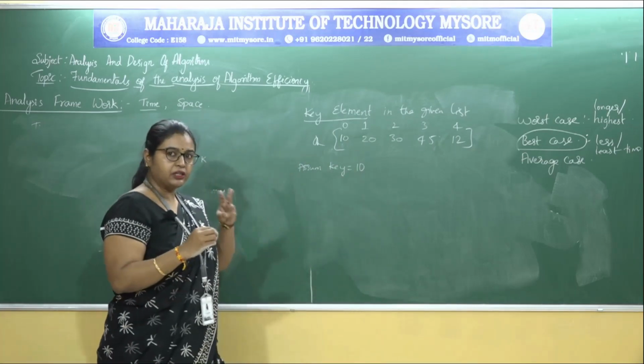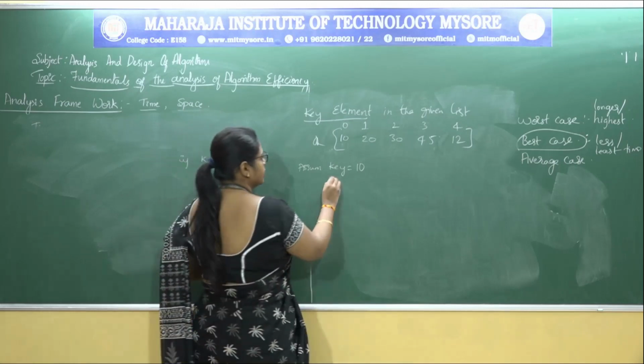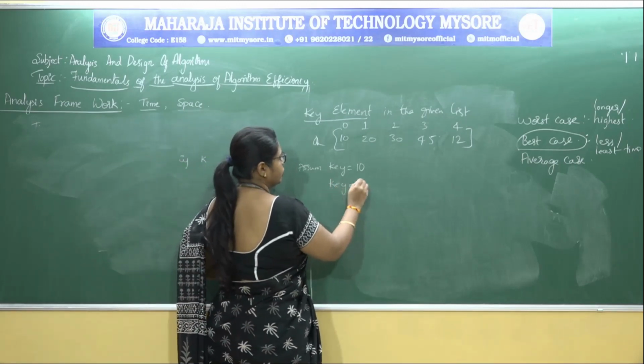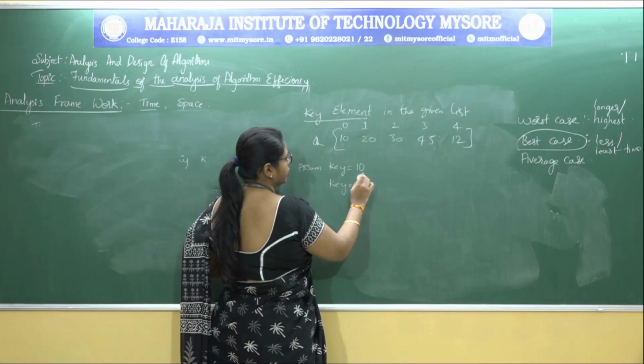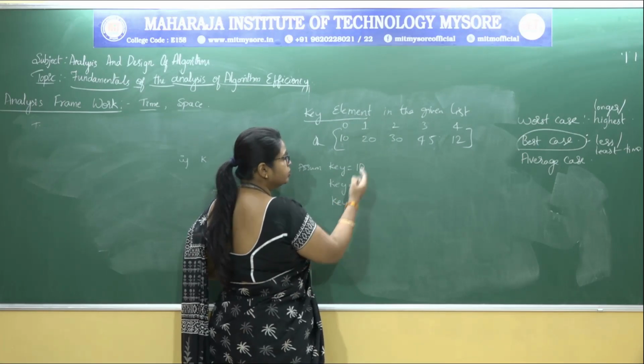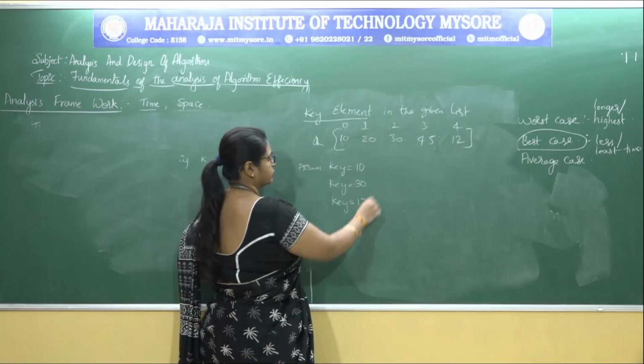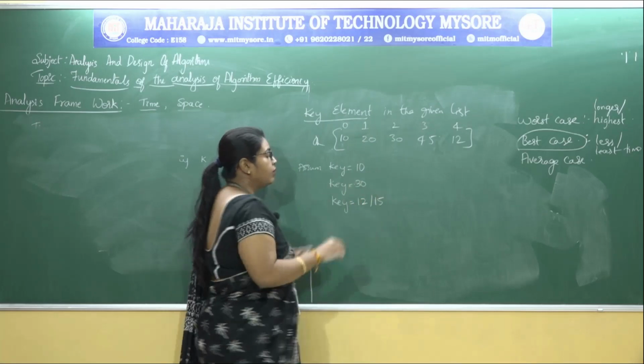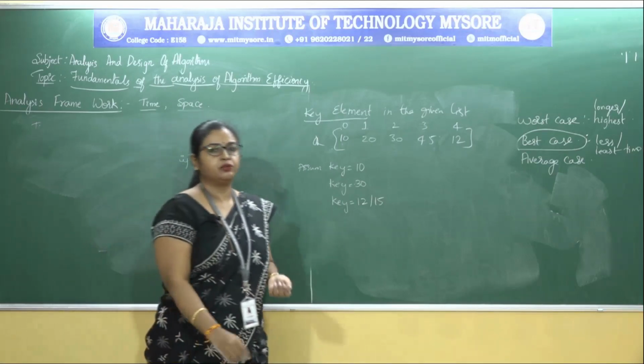I would like to take different values: key is equal to 40, or let me take 30, key is equal to 12 or 15.